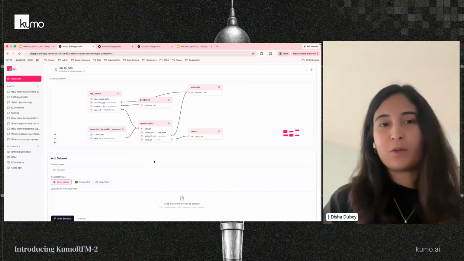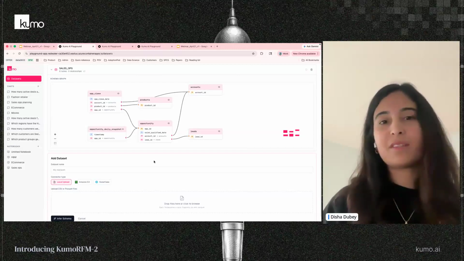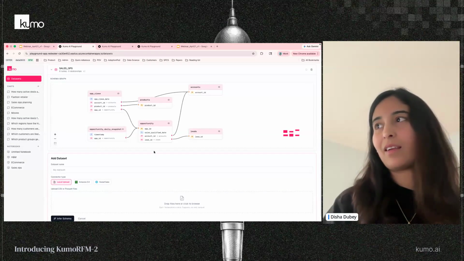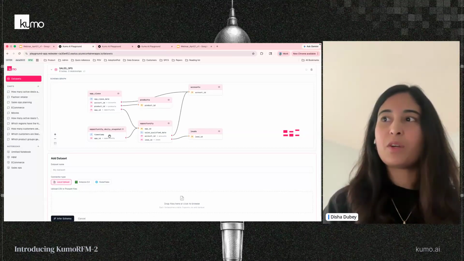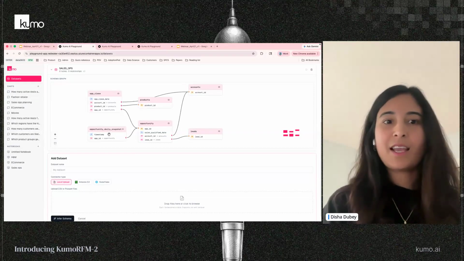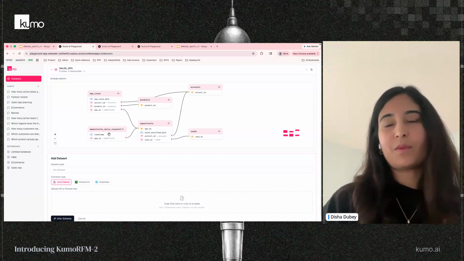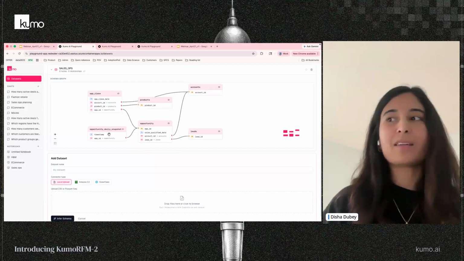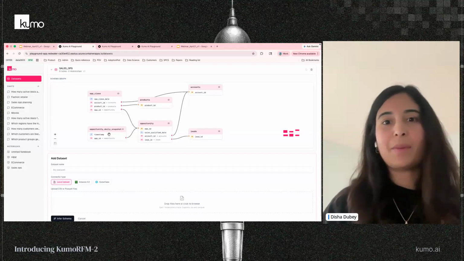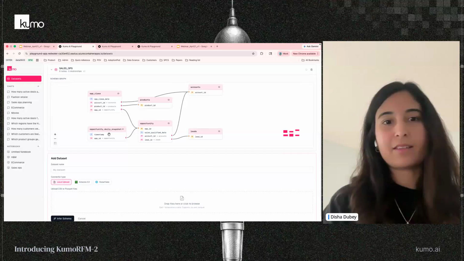From there, once I do this, Kumo automatically builds a graph of the business, connecting accounts, opportunities, leads, products, and the time component of these opportunities. And what this structure allows the model to do is learn the pattern across your entire pipeline, your entire business context.